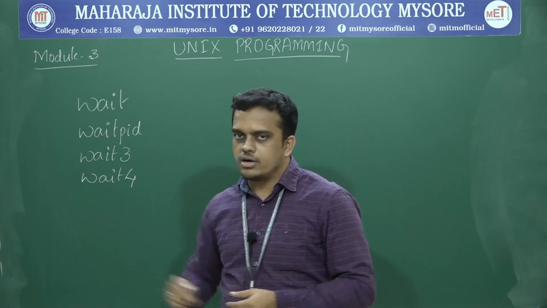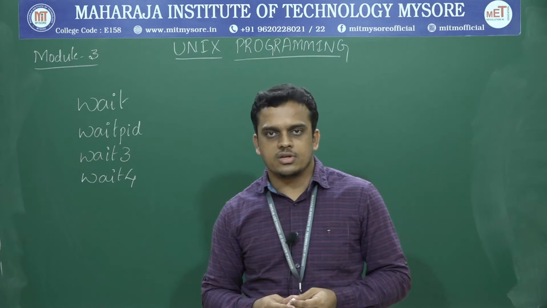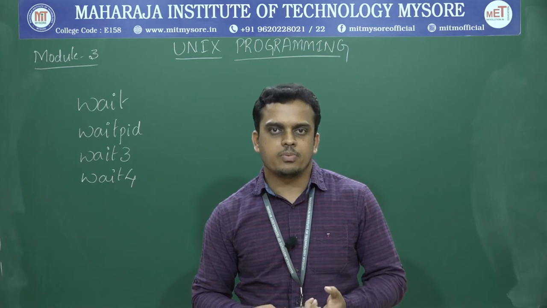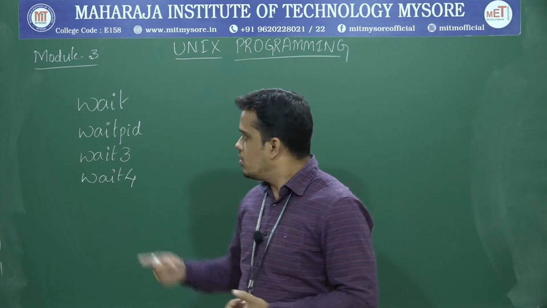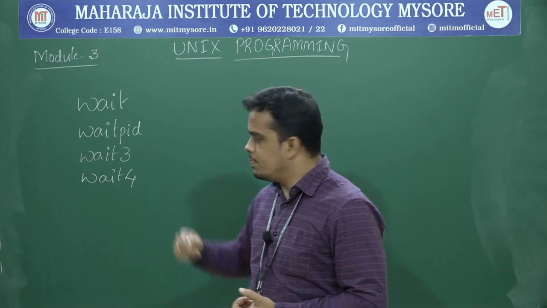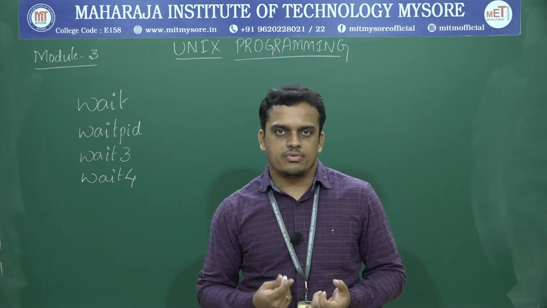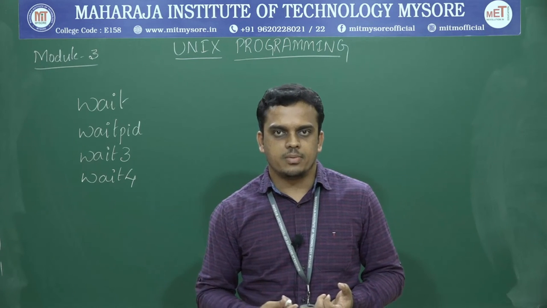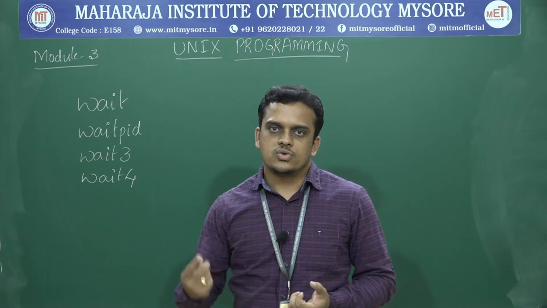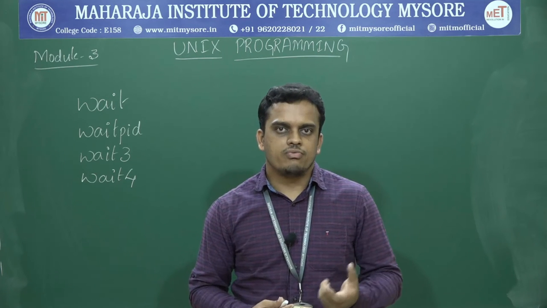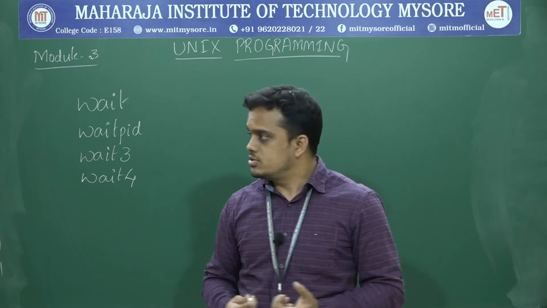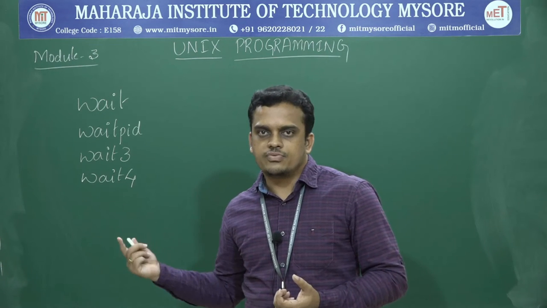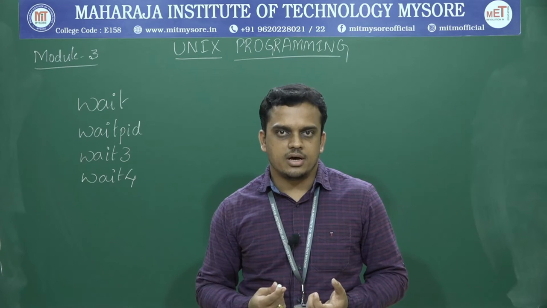All these particular APIs are used exclusively for retrieving the termination status of a terminated process. But each of these APIs has its own feature provided to the user for its applicability. Based upon that, a suitable API will be used for the dedicated purpose. So let us see the details of these four different forms of wait functions.